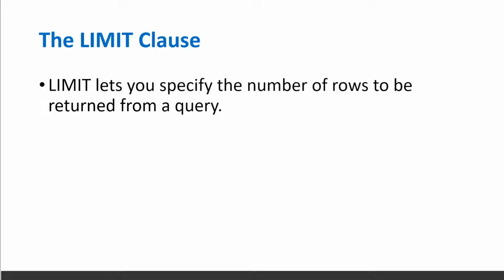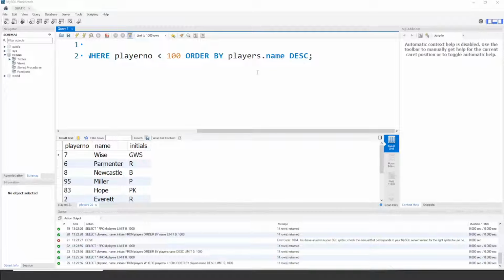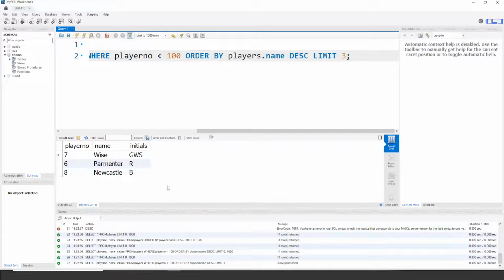This just lets us limit the number of rows to be returned from a query, and we just add limit and the number of results that we would like to see to our query. So in this case, we're just adding limit 3 here. If we only want to see the top 3 results, we can just limit 3, or limit 4. And it's only going to limit this to the first 3 results.